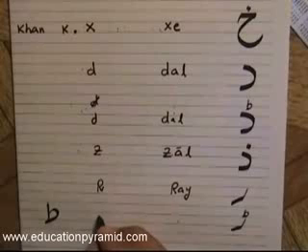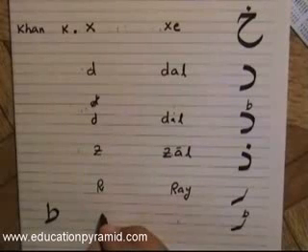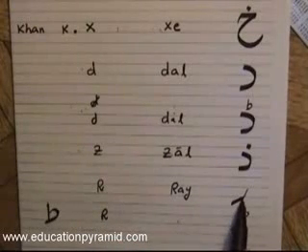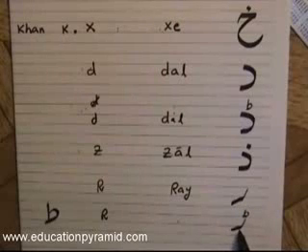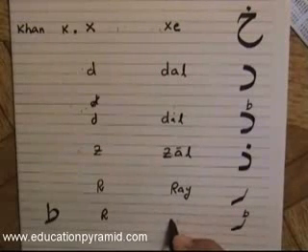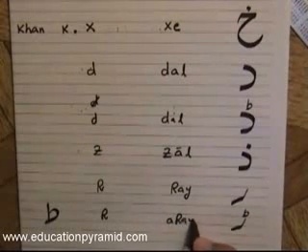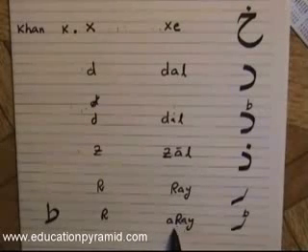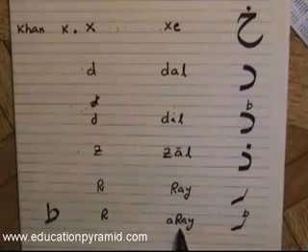Like re, and here again re, but with the tip of the tongue. This is soft re. This is ade. And we emphasize on R, ade.